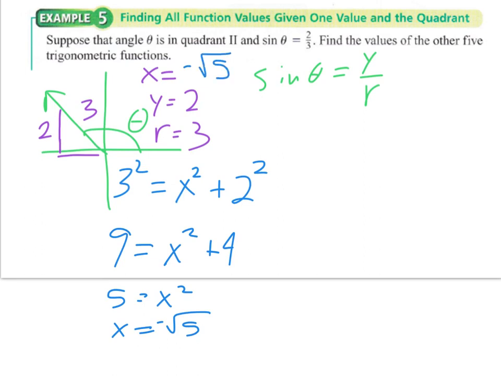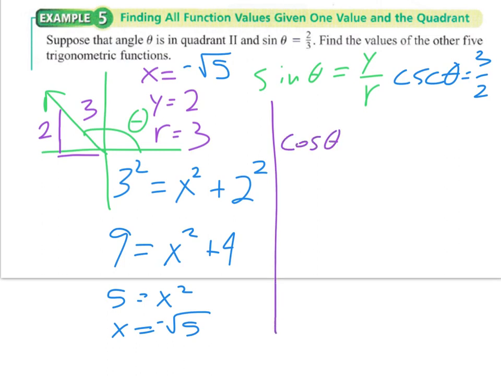Once we know that x value is negative square root of 5, we already know the sine of theta is 2/3. So we actually didn't even really need to do anything to find the cosecant of theta would be 3/2. And now that we know x, we can find the cosine of theta would be negative square root of 5 over 2.